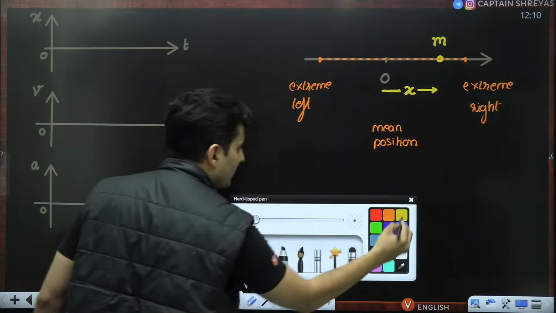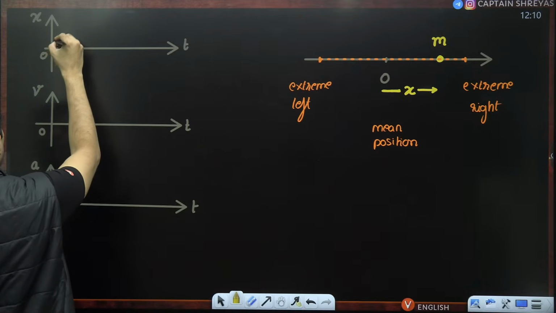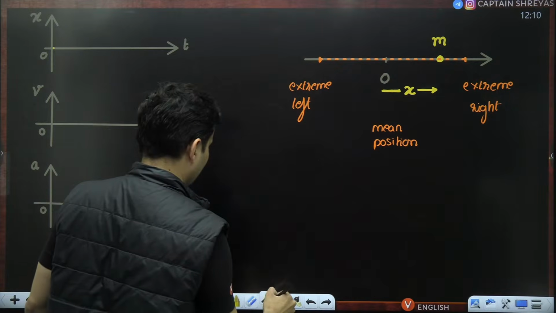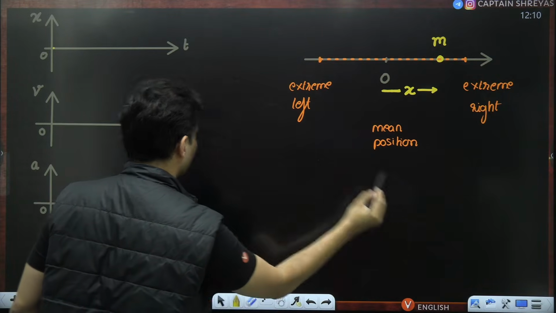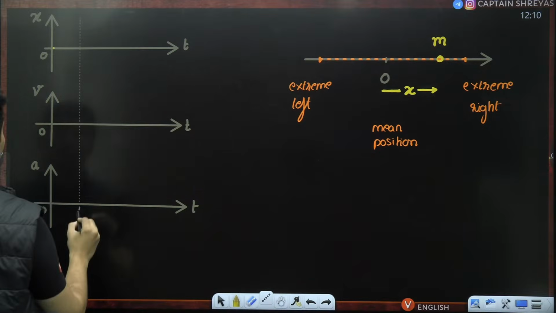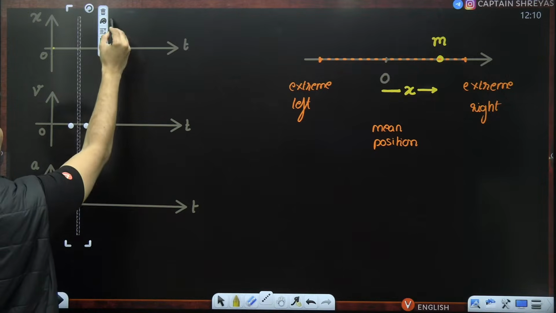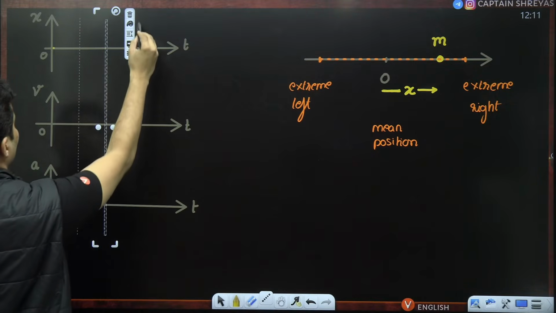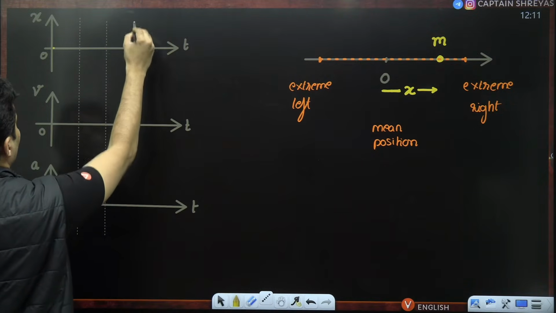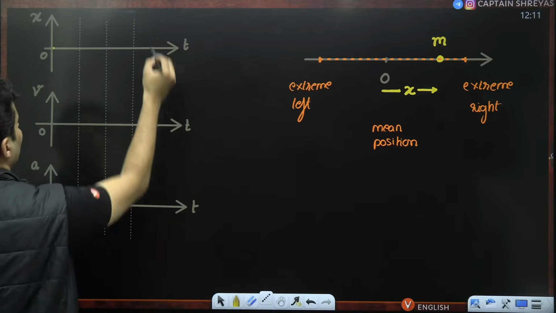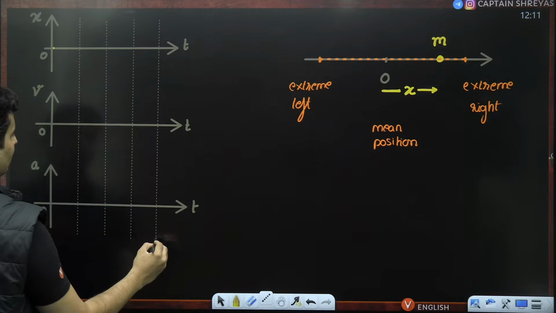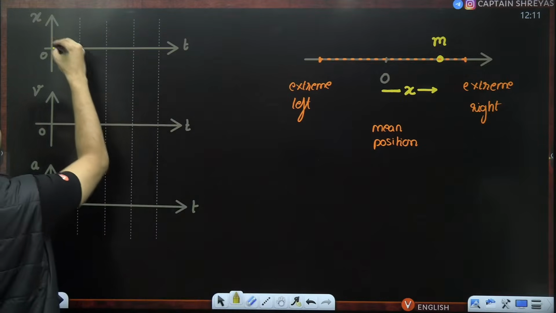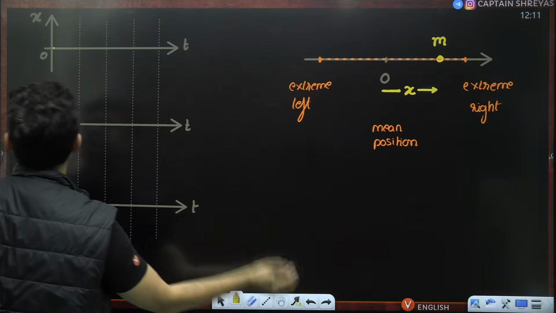Okay, so say for example, the position time graph is something like this.